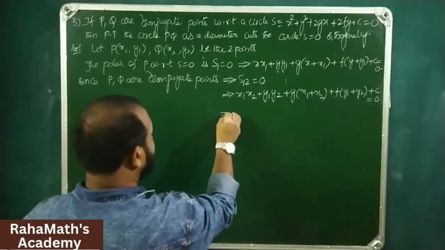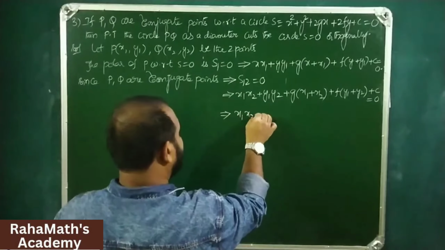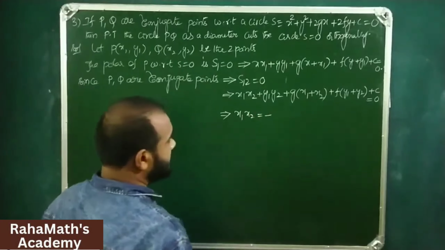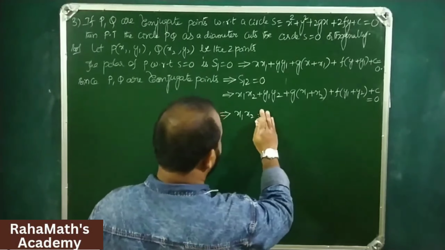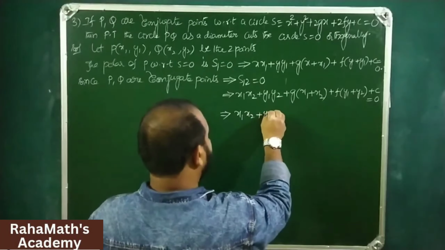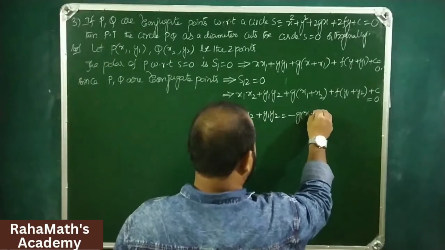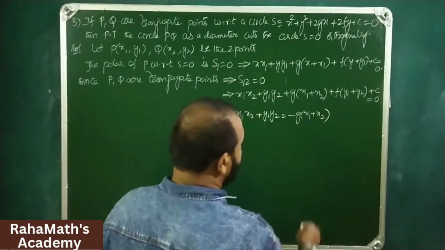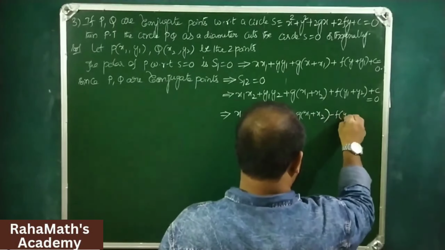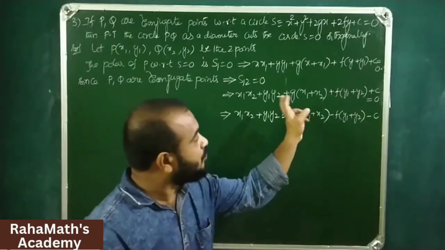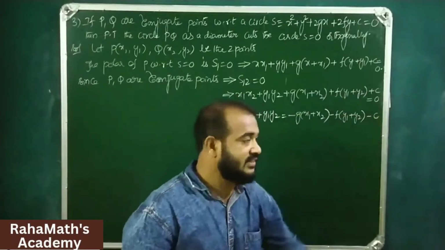From this, if I transpose these terms onto the RHS, x1 x2 plus y1 y2 is equal to minus g into (x1 plus x2) minus f into (y1 plus y2) minus c.